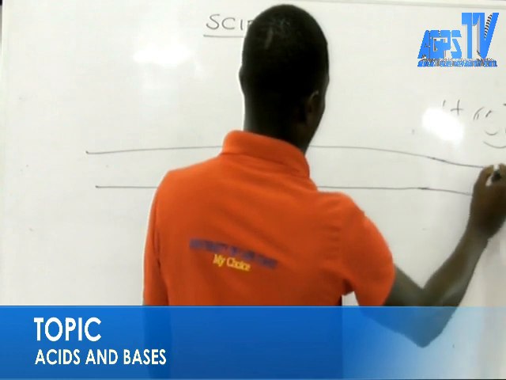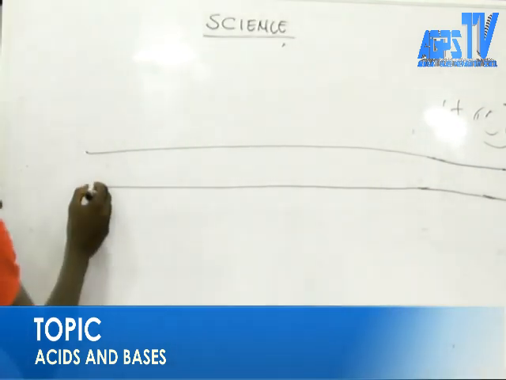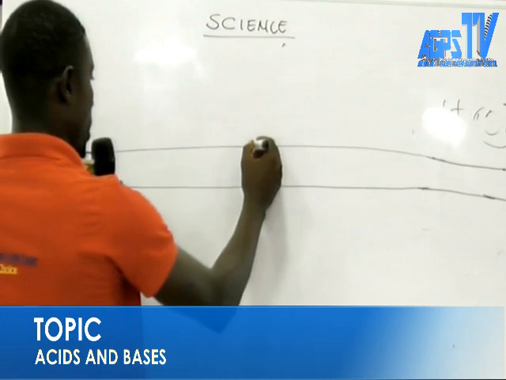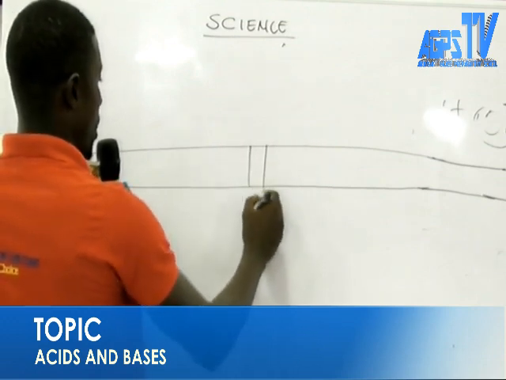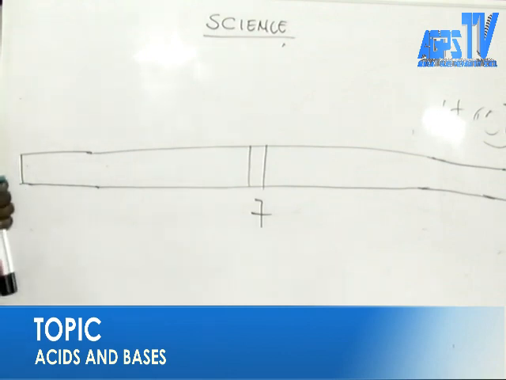It ranges from 1 to 14. So the middle part here is 7. So this is neutral. It's 7.